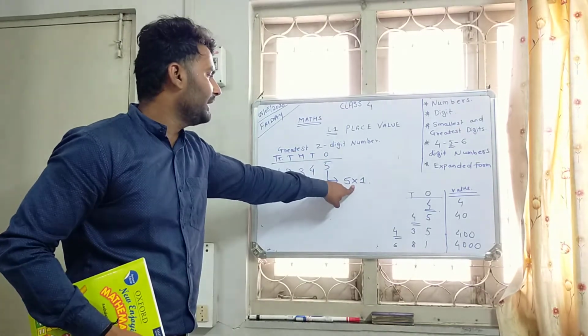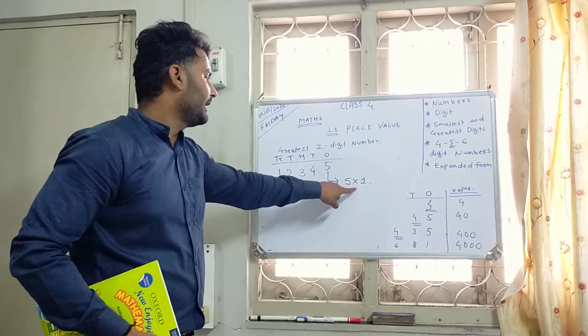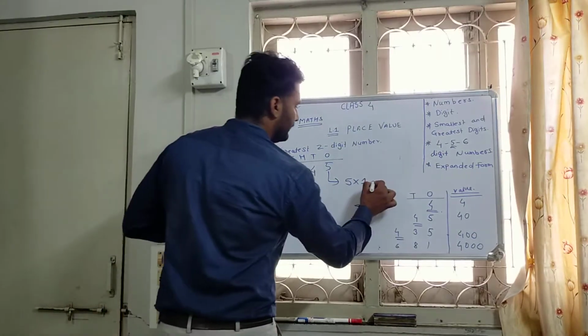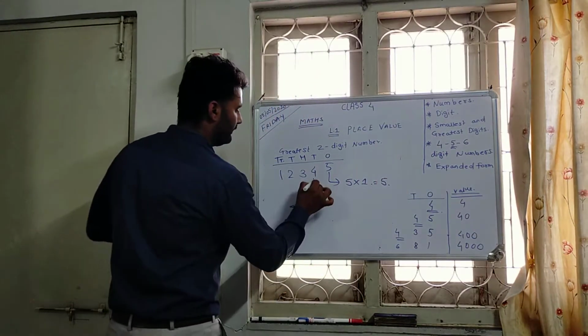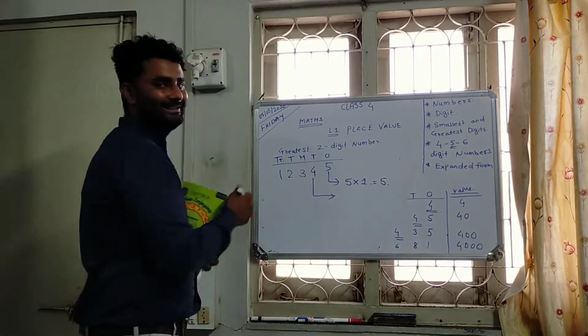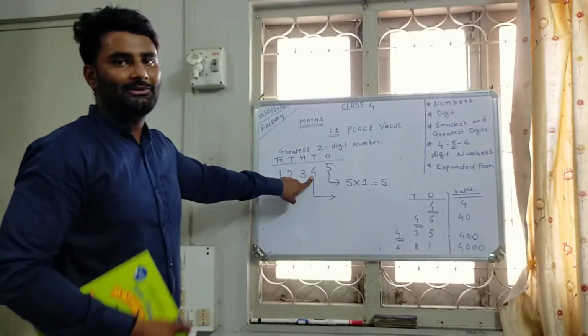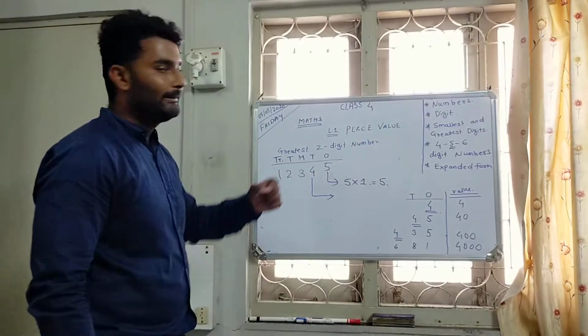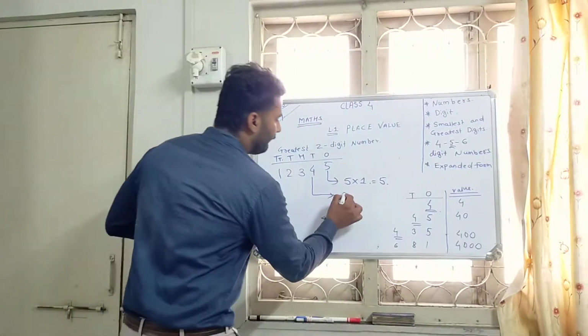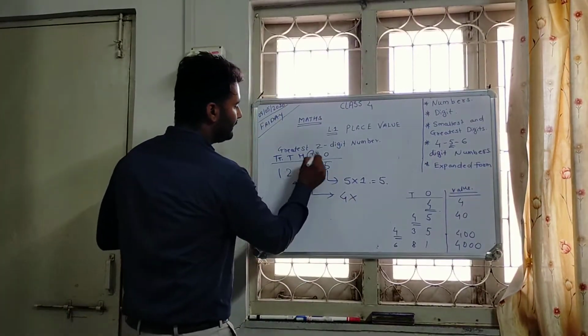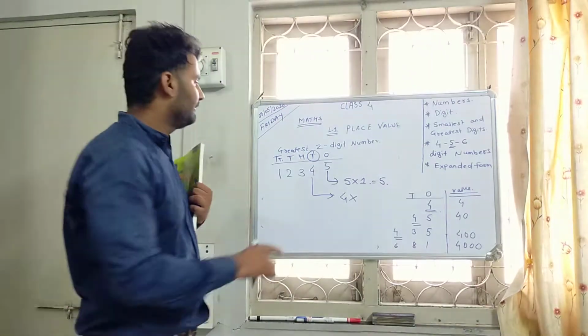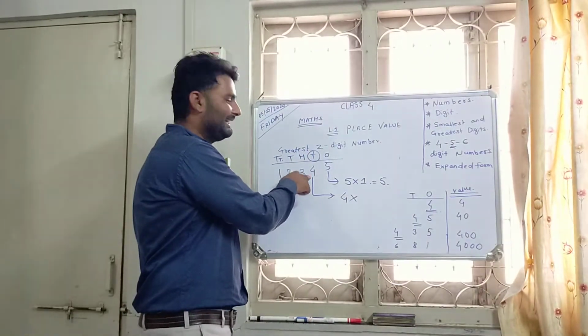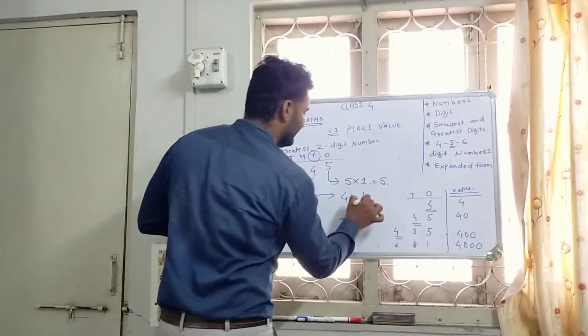So I will multiply it by 1. 5 into 1 makes 5. What is this? This is the number 4. So the face value of this number is 4 and the place value of this number is 4 multiplied by 10, because 4 is present in the column of tens.